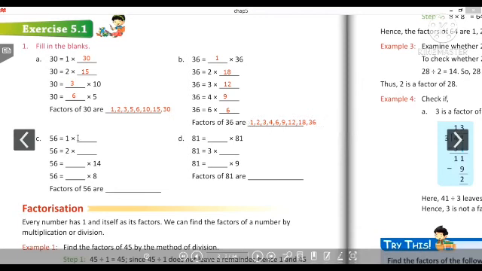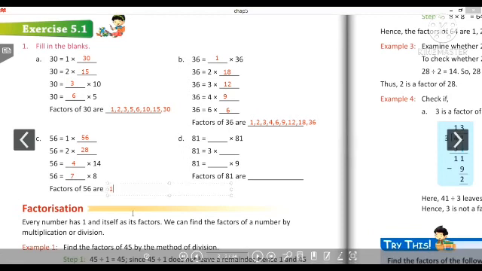नाउ नेक्स्ट. 56 is equal to 1 into 56. 2 multiplied by 28. 14 4s are 56. And 8 7s are 56. So what will be the factors of 56?